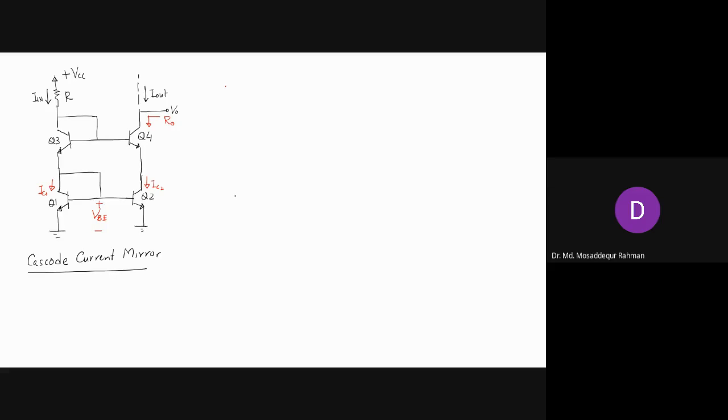Any idea? Same as the previous one, but there will be another R naught instead of RE.